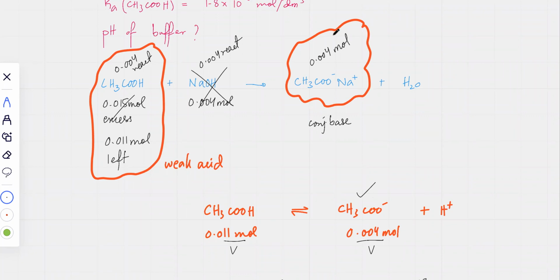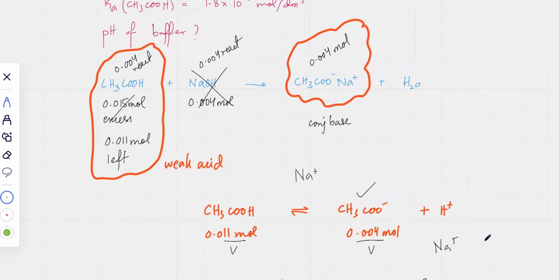Adam, I told you about Na+. It's just floating around in the solution. It's a spectator and it's not doing anything. Think of Na+ as not being there. Is this clear? It has absolutely nothing to do with this reaction.